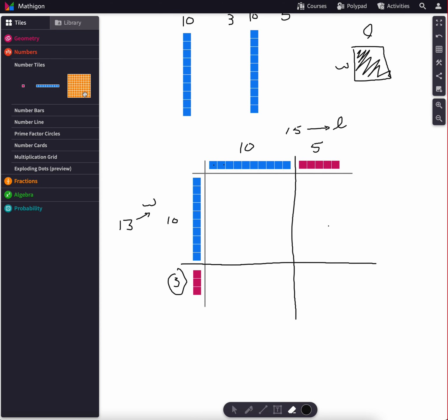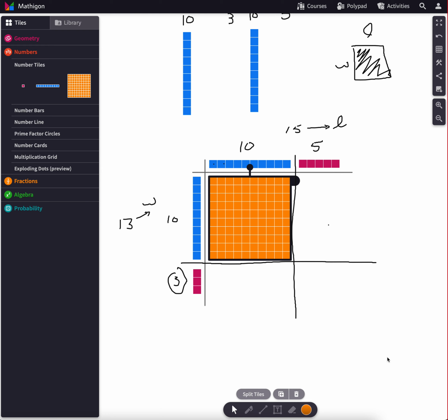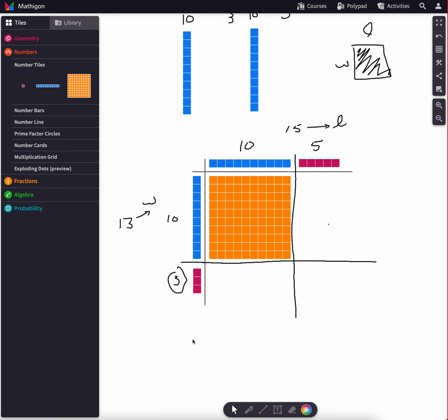What we had when we worked with base 10 materials was something that had 100 squares. It looked like this. There are 100 squares there. And on top of that here, I'll write 100. 10 times 10 is 100.